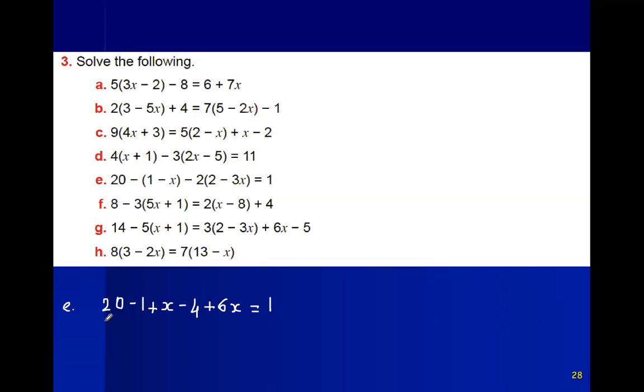Now we're going to tidy this up. I've got 20 minus 1 minus 4, so 20 minus 5, which is 15. Yeah? So 15 and 6x plus x, that's 7x. So 7x plus 15 equal 1.